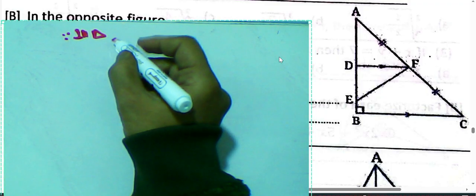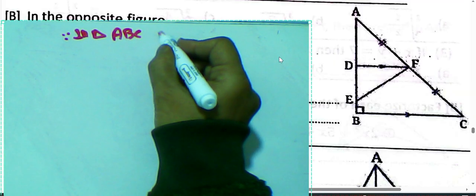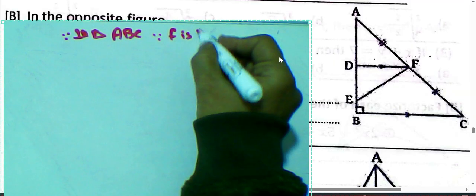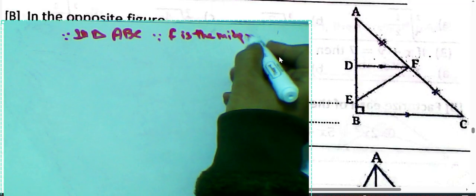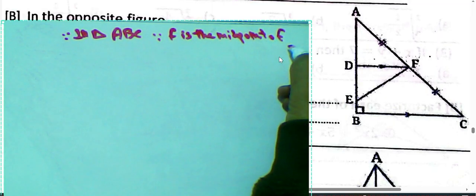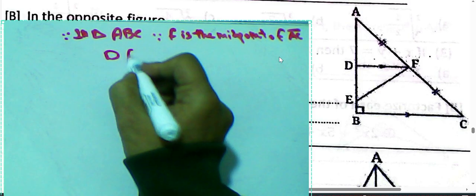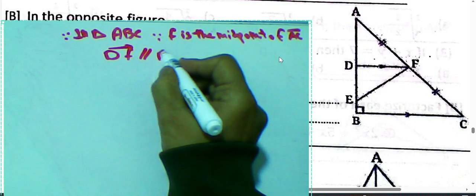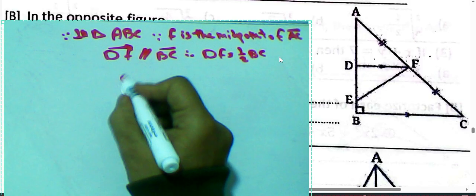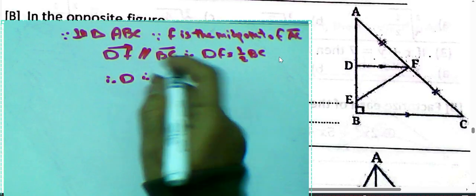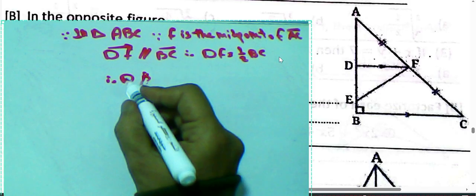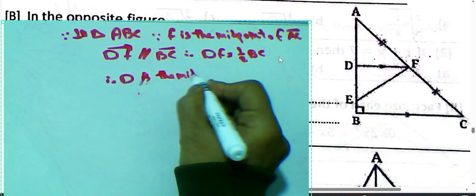In triangle ABC, F is the midpoint of AC, and also the ray DF is parallel to the base BC, then DF will be equal to half of BC, and also D is the midpoint. We prove that D is the midpoint of AB.